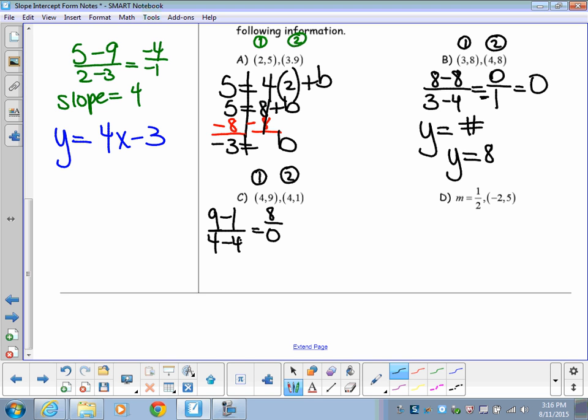Ladies and gentlemen, when we have 0 on the bottom, this is also a special case. This is a vertical line which has an undefined slope.